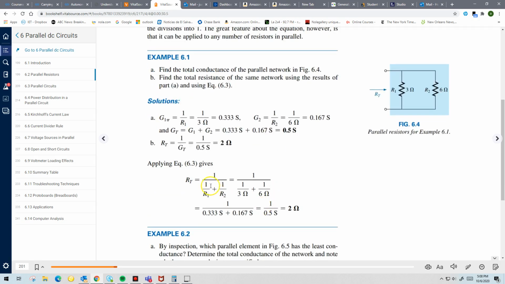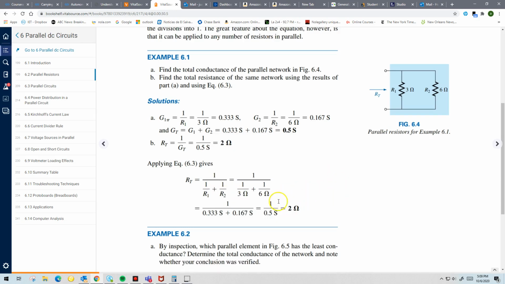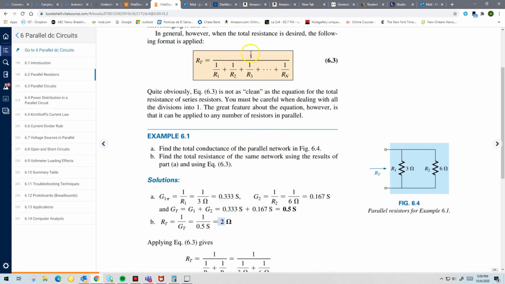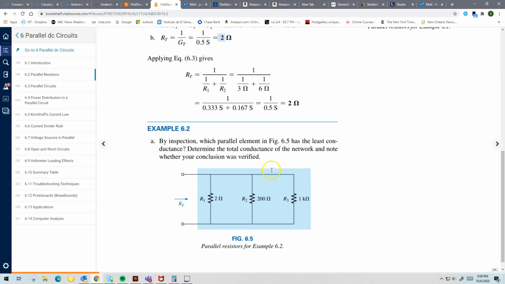So doing that, we take the reciprocal of R1, 1 over 3, the reciprocal of R2, or 1 over 6. We add those two numbers, and then we take the reciprocal of the result, and that gives us again the same answer, 2 ohms. So that's using this equation directly.